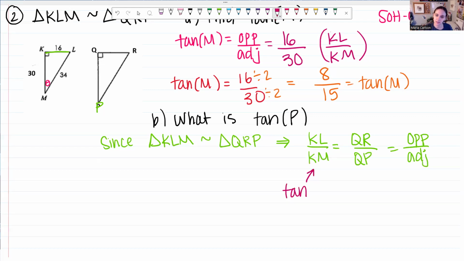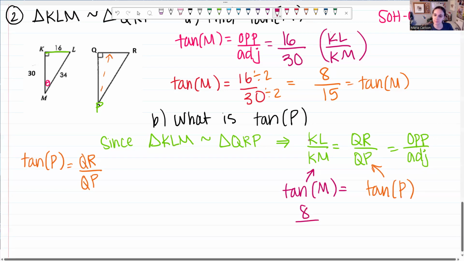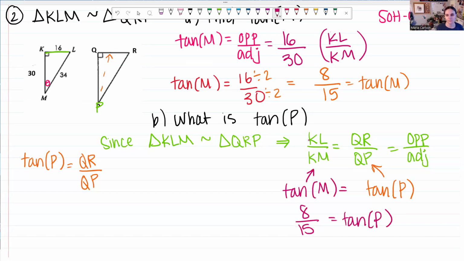That is the tangent of M. So the tangent of M is actually equal to the tangent of P. Because the tangent of P is the opposite side, which is QR, over the adjacent, which is QP. So the tangent of M, which we already know is 8 over 15, is equal to the tangent of P. So the tangent of P is 8 over 15 as well.